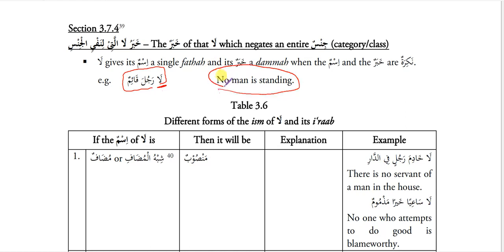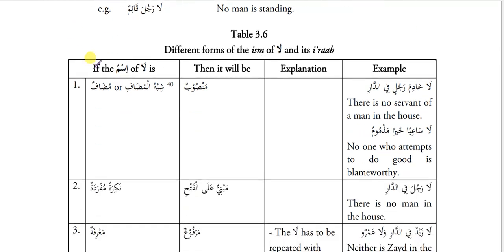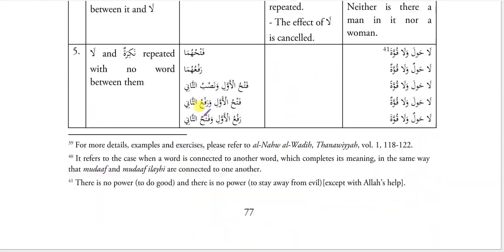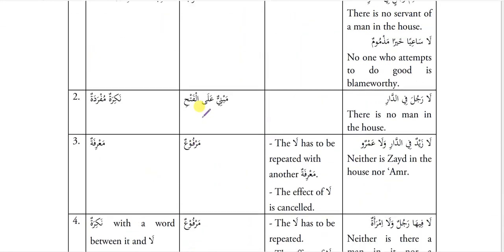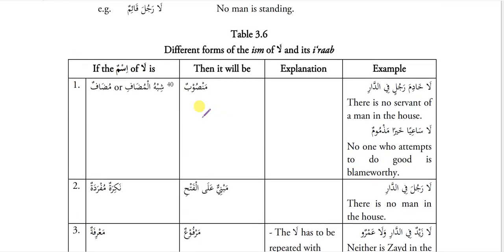It is possible that there are women who are standing, but not a single man. So it completely denies the gender and the class. That's why it is known as li nafy al-jins, denial of gender. There are some certain uses which you can read. There is nothing to explain in it.